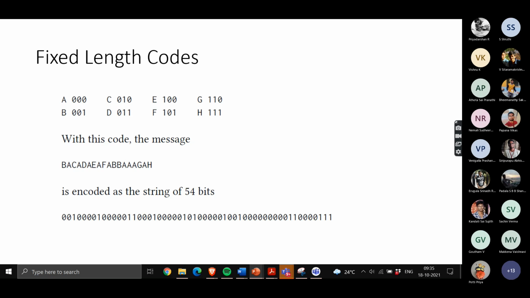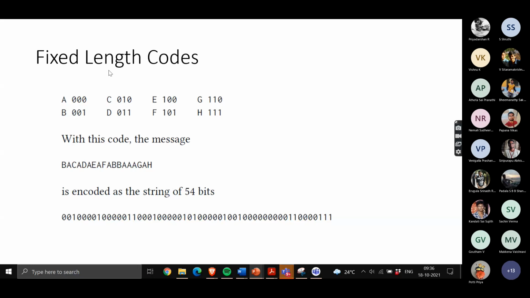There are two major types available: fixed length coding and variable length coding. If you look at this slide, we have considered my language. In my language, I will be using the characters A, B, C, D, E, F, G, H. So there are only 8 symbols available, A to H. I want to represent a message by using these symbols, so I will encode this message using some encoding technique.